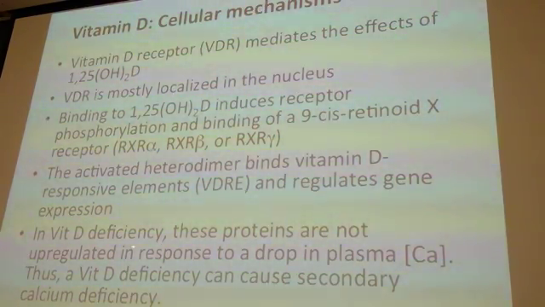So in conditions of vitamin D deficiency, these genes are no longer regulated in response, and there's a drop in plasma calcium levels and a decrease in bone mineralization. So vitamin D deficiency causes secondary calcium deficiency, right? Low vitamin D means decreased calcium absorption from the GI tract, decreased retention in the kidney, and decreased mineralization.